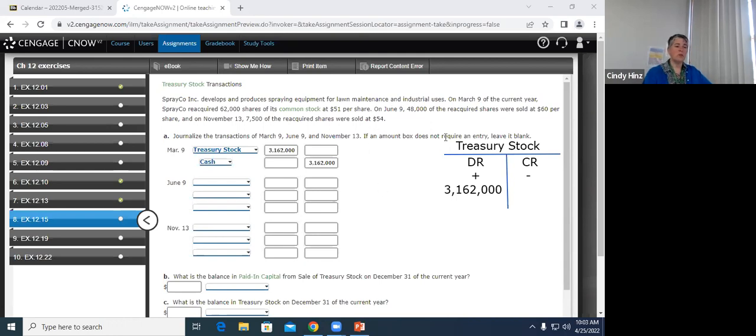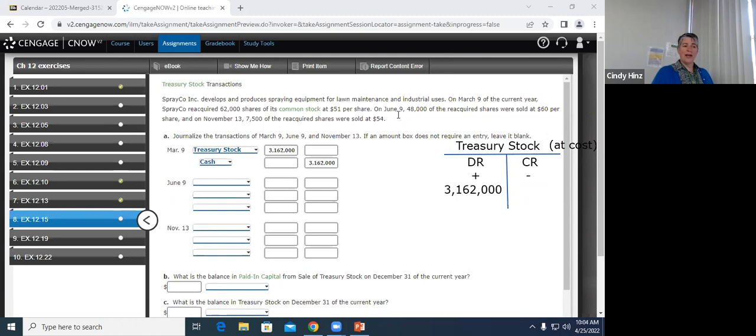So remember, we're using the cost method. And so in this treasury stock account, I'm just going to put a note here to remind us, everything that goes in or out of that account is going to be at the price we paid for those shares, which is $51 per share.